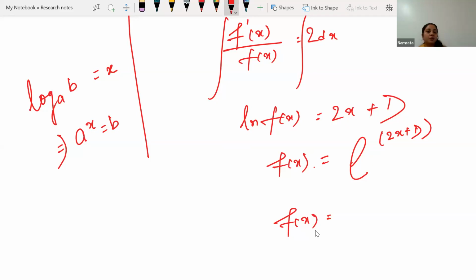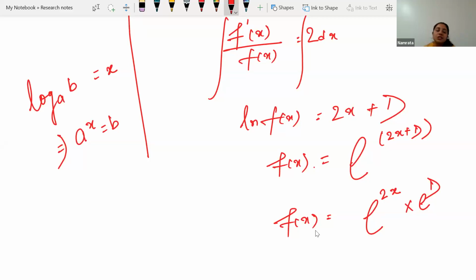If we use the property of exponents, we can write it as e to the power 2x into e to the power d. This is how we can break the exponent. e to the power m into e to the power n is equal to e to the power m plus n.